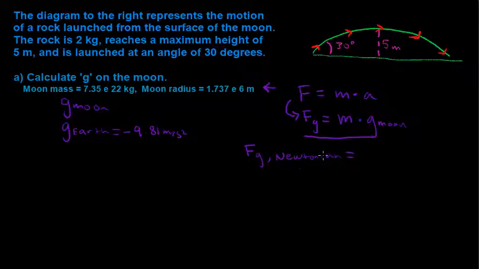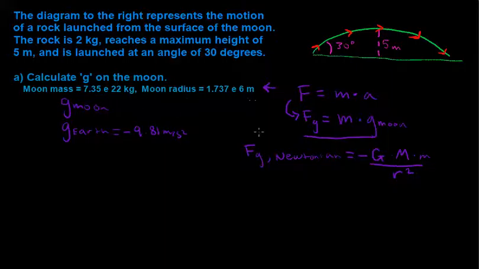The Newtonian gravitational force is going to equal negative big G, which is a constant, times the mass of the moon times the mass of your object, or the rock, divided by the radius of the moon squared. And this equation allows us to put our moon mass and our moon radius to good use.